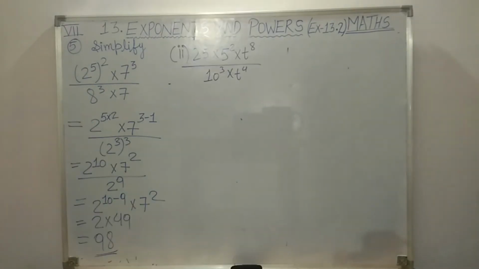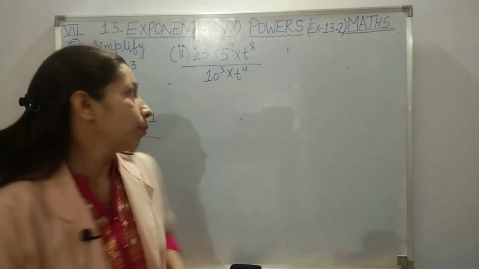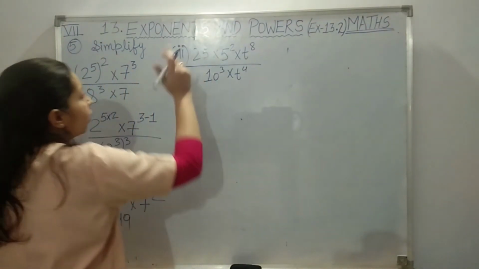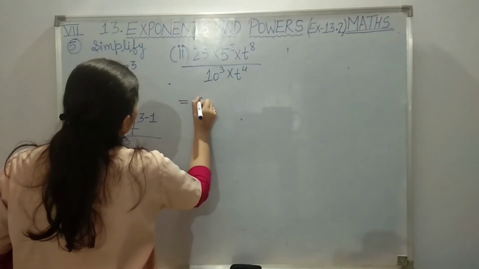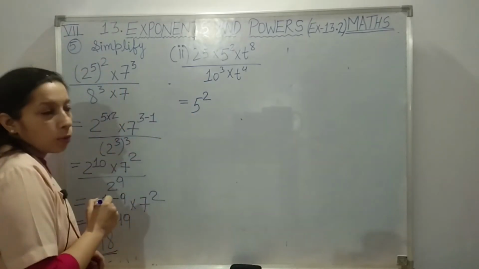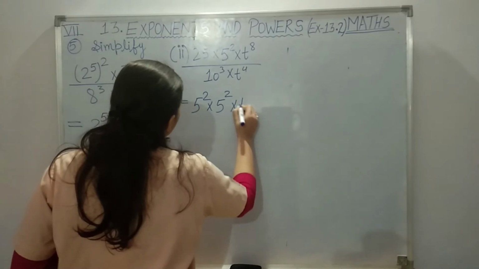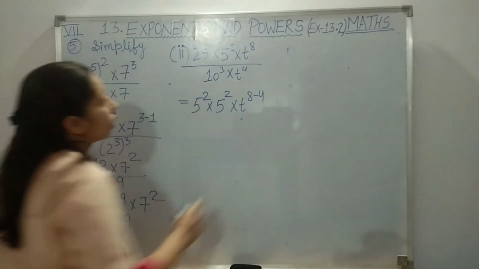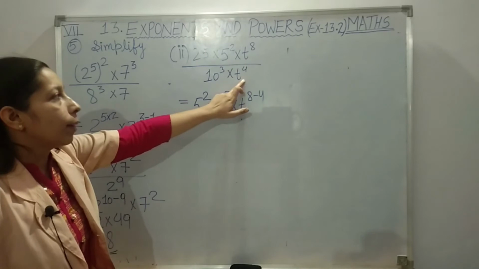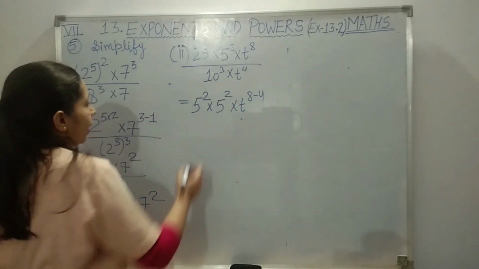Okay. So students, question number 2 for simplify. Again here you can see 25. First we will write it as 5 square, into 5 square into t raised to the power 8 minus 4. A raised to the power m divided by a raised to the power n, so we have subtracted them.